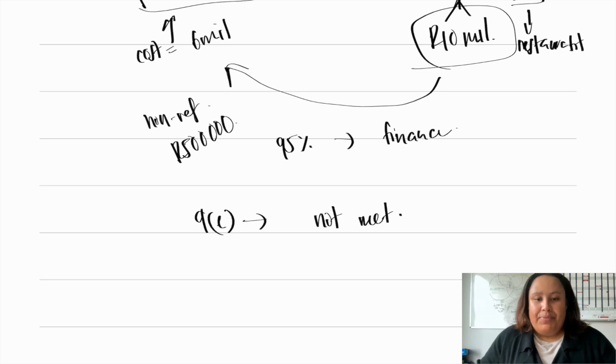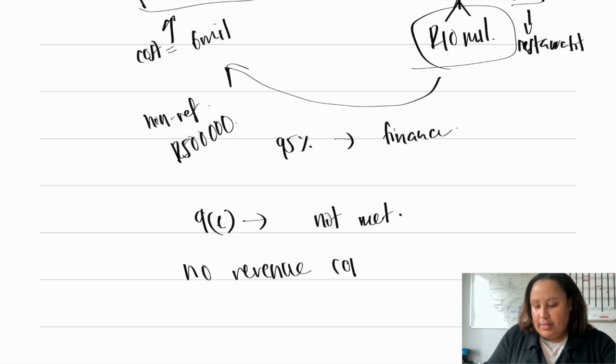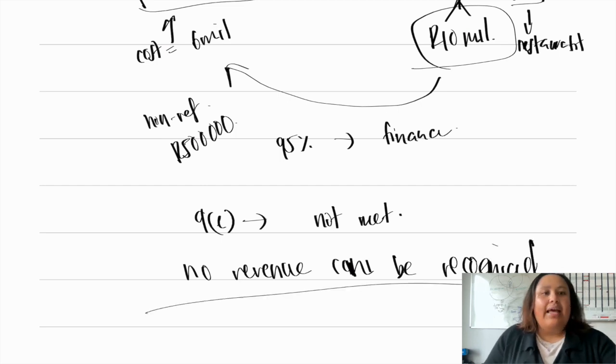So what does that mean? It means that the business is not allowed to recognize revenue from this contract. So no revenue can be recognized from this contract.